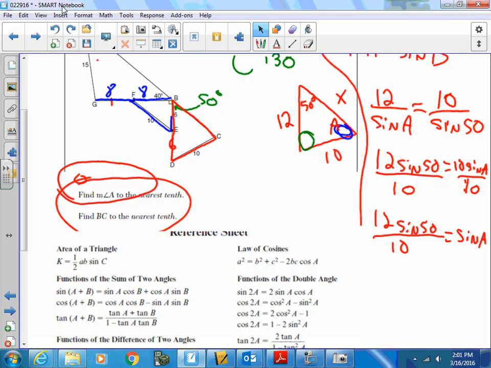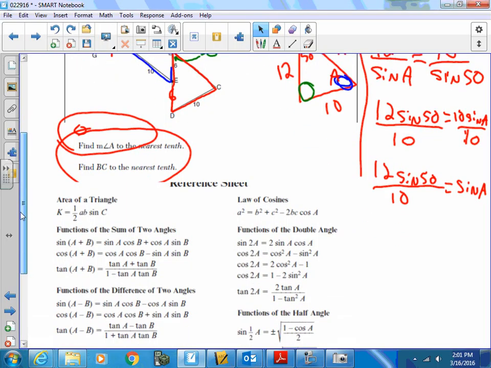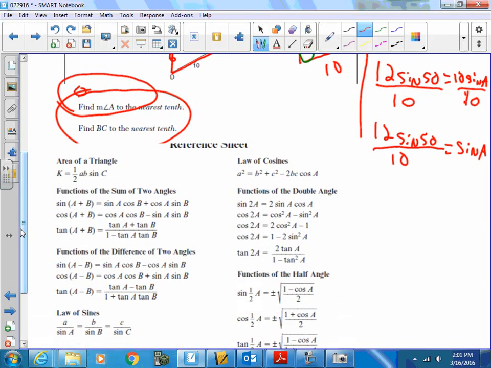All right, so when I do that on the left, I end up with 0.9193 is equal to sine of A. Remember, if you want to find an angle, you have to do the inverse.